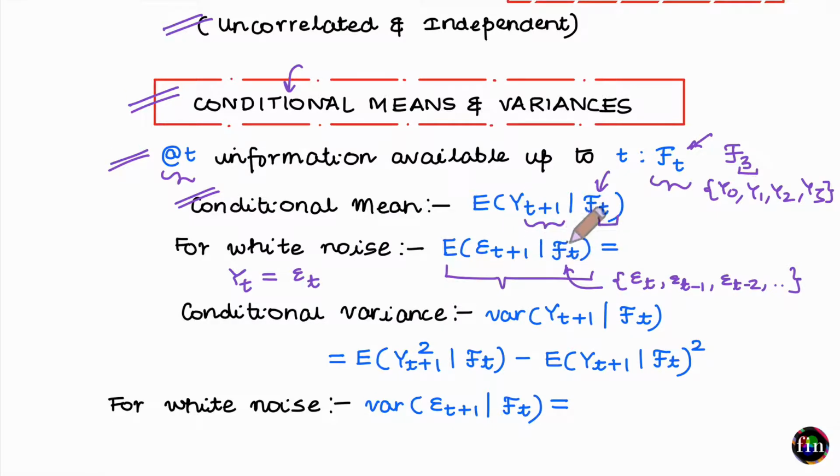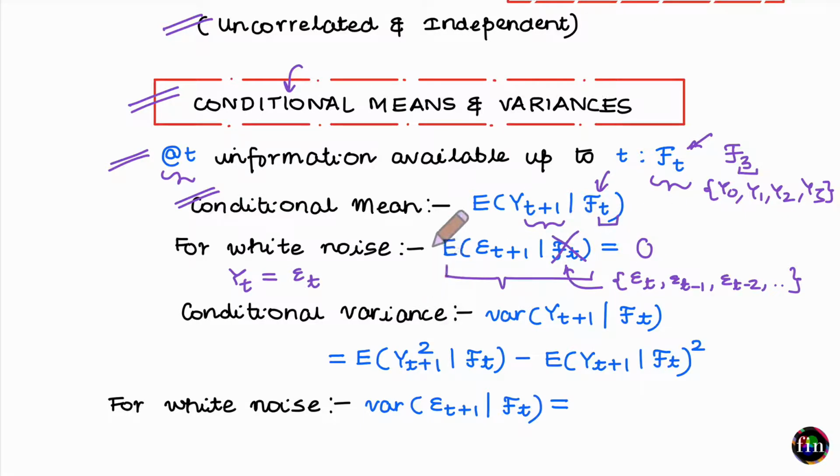So this does not give me any meaningful information, and the conditional mean in the case of white noise is equal to the unconditional mean, which is simply the expected value of epsilon at t plus 1, and this we know is equal to 0. Because the expected value of epsilon at any time index is equal to 0.